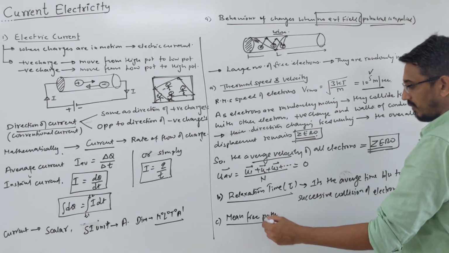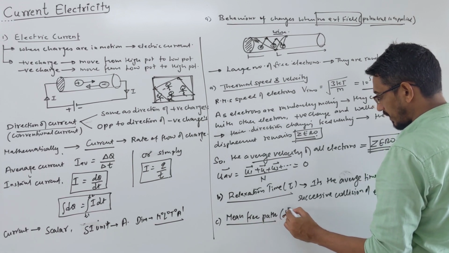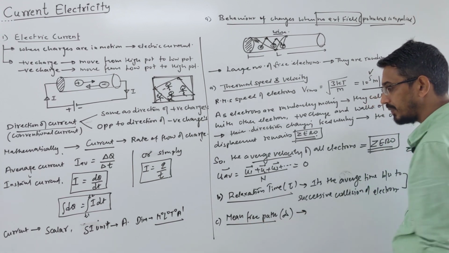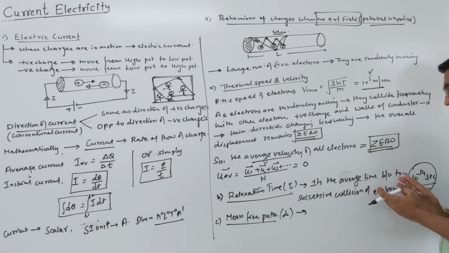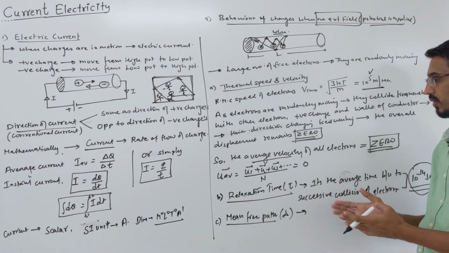Okay, relaxation time I did. Then what is the mean free path? You can write a lambda symbol here. What is the mean free path? Same like this only. The average time between two collisions, that's called your relaxation time.